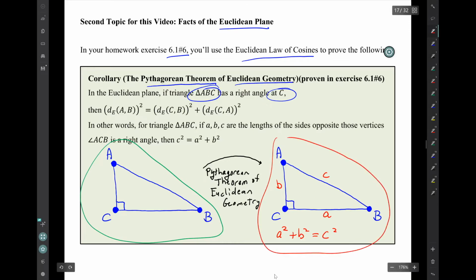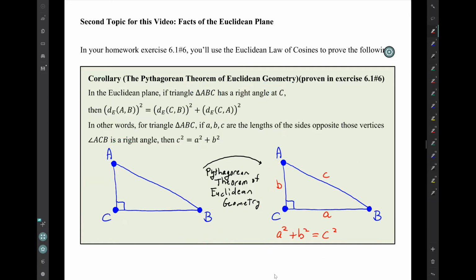Little a squared plus little b squared equals little c squared. An important thing to note is that this is a theorem of Euclidean geometry. Remember, I mentioned that you'll use the Euclidean law of cosines to prove that. So it's the Pythagorean theorem of Euclidean geometry.